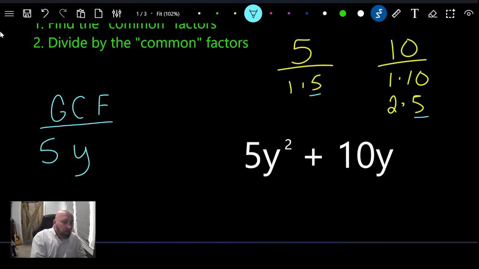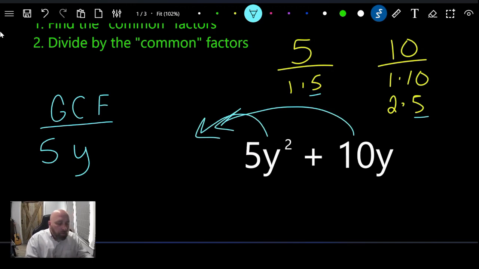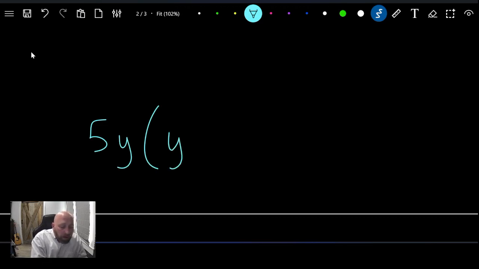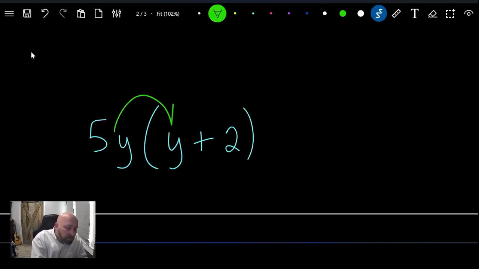Okay. Now look at step number 2. We want to divide by the common factors. In other words, here's the unmultiply. We want to pull this back outside. Do you remember when we did this just a little bit ago, right? We had 5y outside, and then we had y plus 2 inside. And then we took this times this, and 5y times y equals 5y squared.